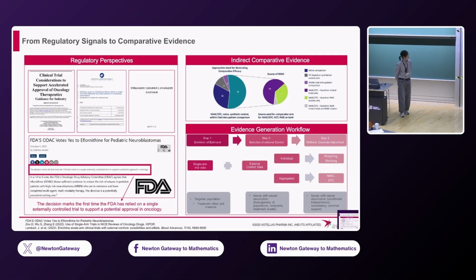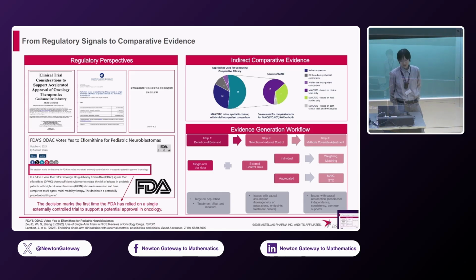First, I will describe the background of the single-arm trial. Regulatory authorities like FDA, EMA, and CDE share the perspective on the single-arm trial to accelerate oncology drug development. In 2023, FDA approved the EFMO for pediatric neuroblastomas.